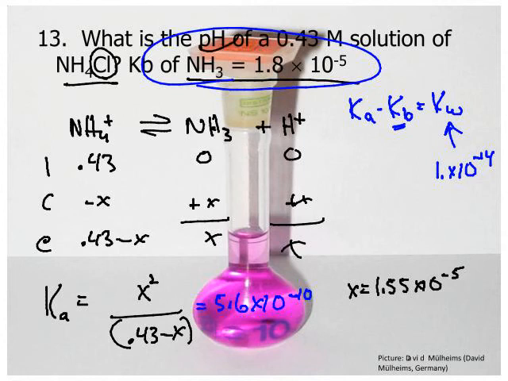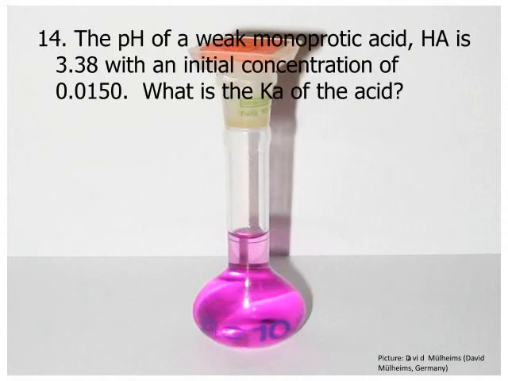And they're asking for the pH, and since this is the hydrogen concentration, I'll take the negative log of x, and I get 4.81. pH equals 4.81. Okay? Next question, 14, almost there.